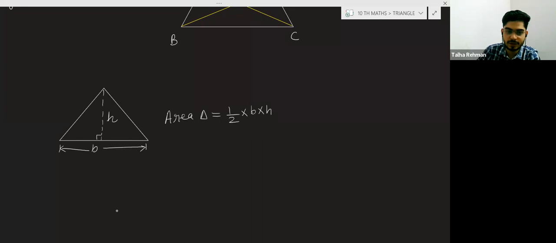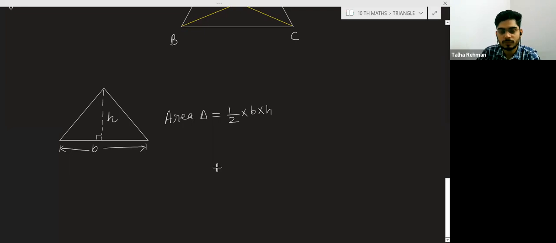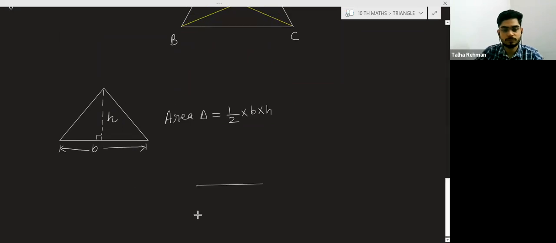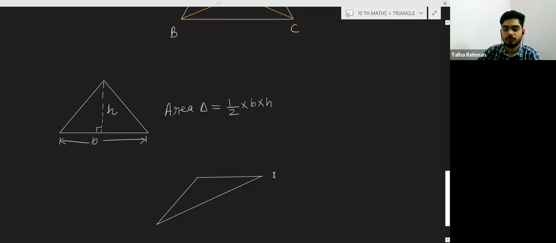Suppose if you have a triangle like this. Okay, so suppose this point is A, and this is B, and this is C. I am saying this AB is the base of the triangle.